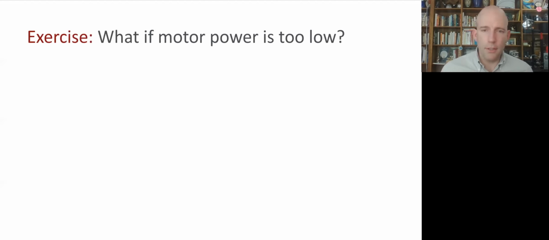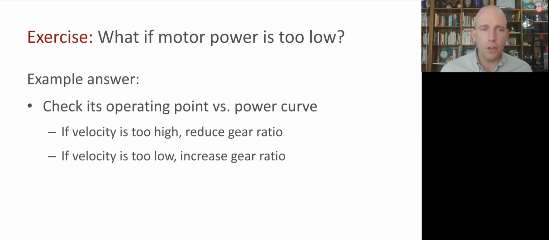All right, so there are lots of possibilities, but the place that I would start first is check the operating point of the motor. Is the velocity at the point that corresponds to the maximum power? And if it's too high, you would want to reduce the gear ratio, say, which would mean more torque on the motor output shaft and therefore lower speed.